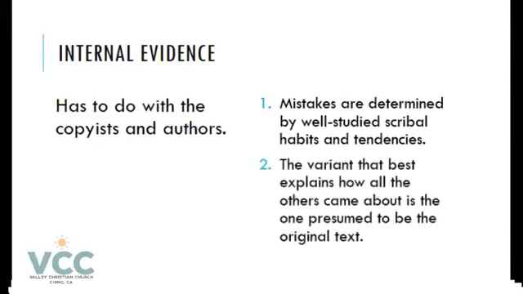Also, the variant that best explains how all the others came about is the one presumed to be the original text. So if we can, like I mentioned before, take a text and say this is copied a little bit differently than the rest, we can follow that upward to find where it got the difference.